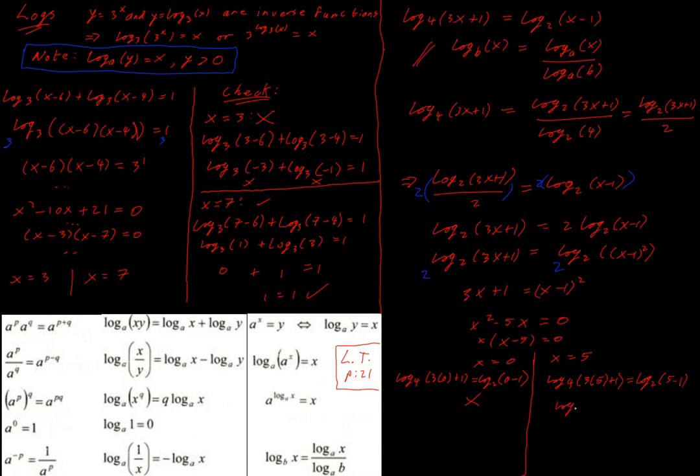I end up with log to the base 4 of 16 is equal to log to the base 2 of 4, and I end up with 2 is equal to 2 when I do a little bit of work on my logs. So you can see here how we have our different methods, and we must always do our checks at the end to ensure that our answers are valid.